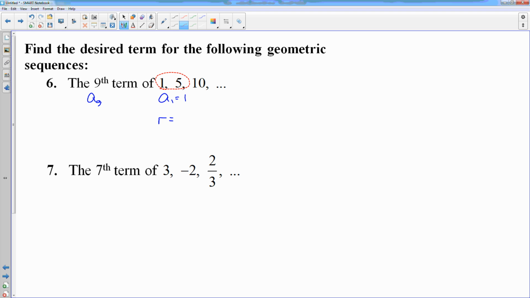If you divide 5 and 1, you get a ratio of 5. However, if you choose 5 and 10, and you divide those, you get a ratio of 2. So this is actually not geometric, so we cannot use the formula.